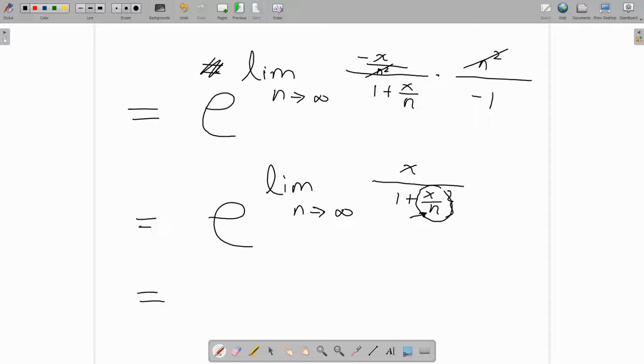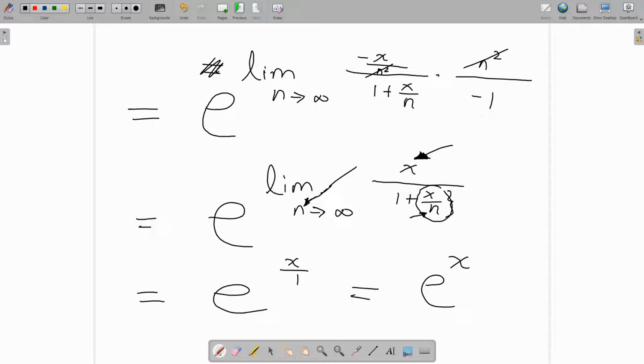So the denominator approaches 1 and x is a constant in terms of our limit here as n approaches infinity. So we have e raised to, removing the limit, x over 1, which is simply equal to e raised to x.